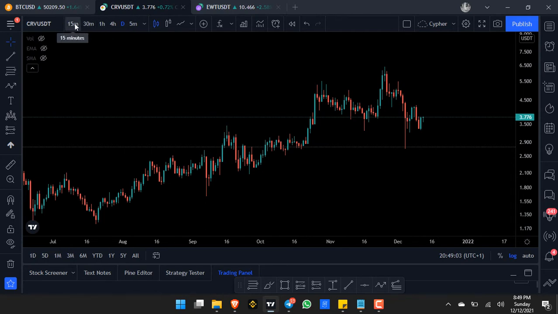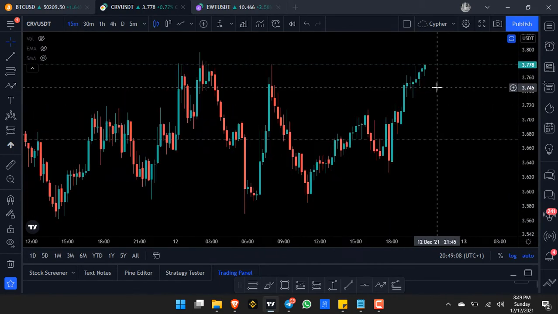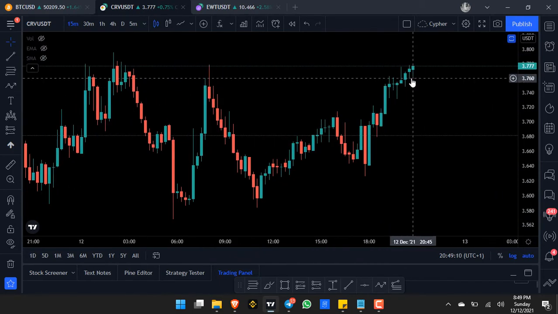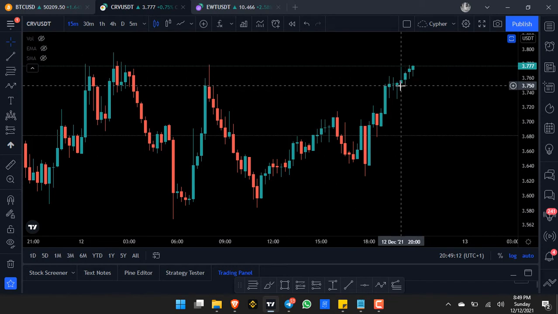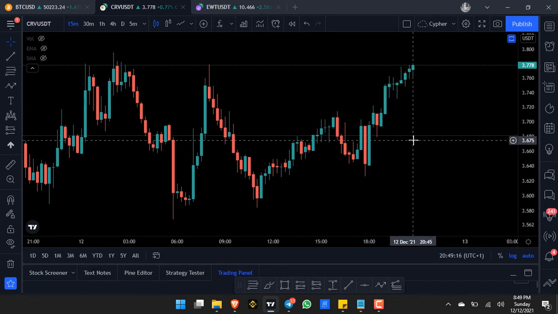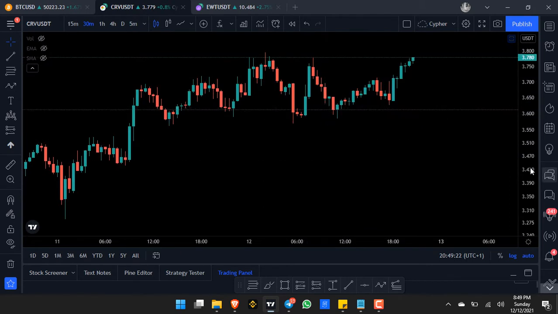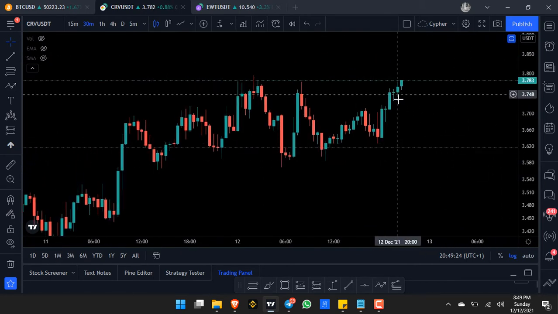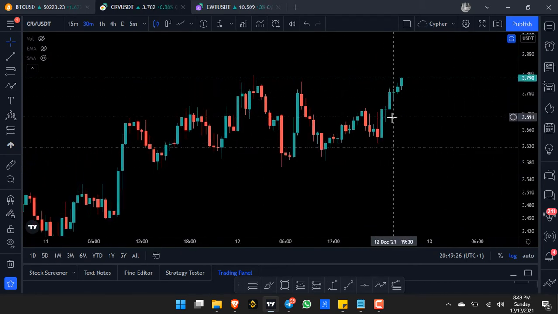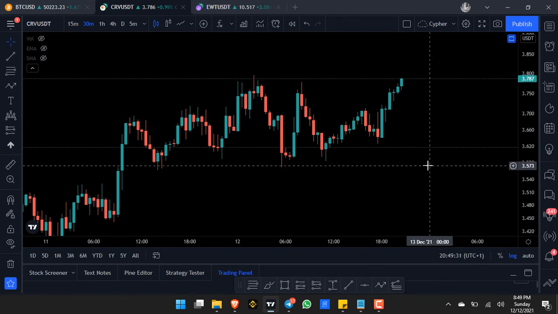Now, when I switch this to 15 minutes, what this is saying is that each candlestick you're seeing here represents 15 minutes of price action. When I switch it to 30 minutes, it means that each candlestick represents 30 minutes of price action. By price action, I mean the struggle between buyers and sellers.